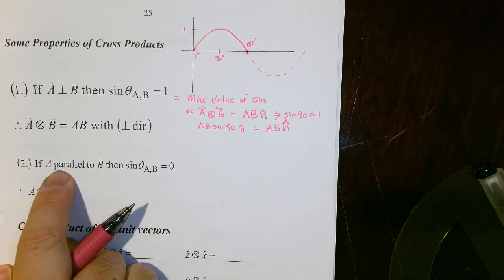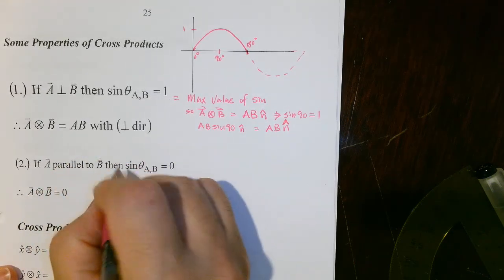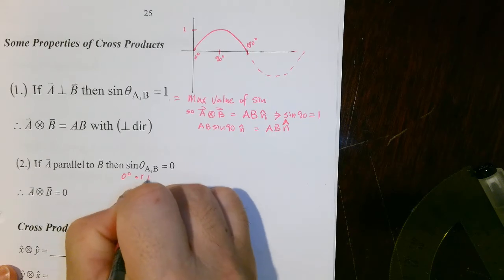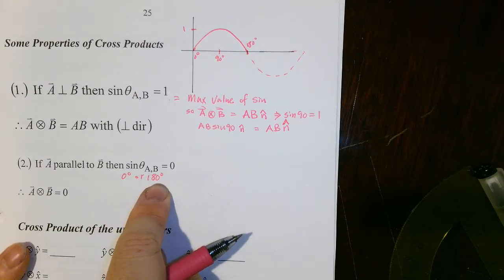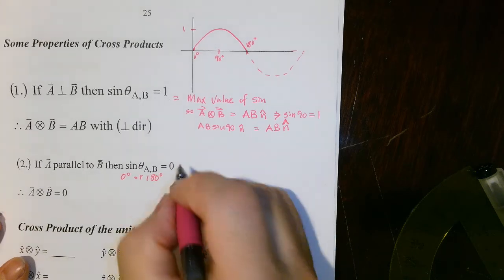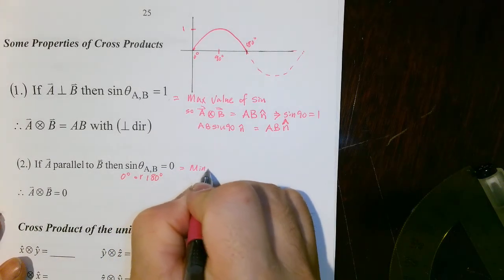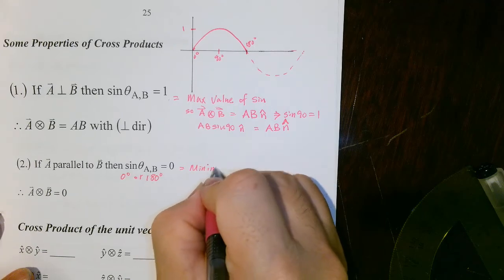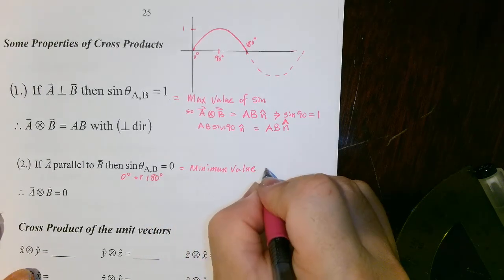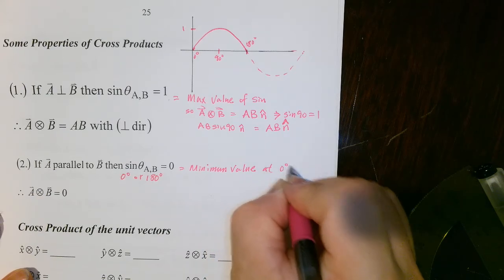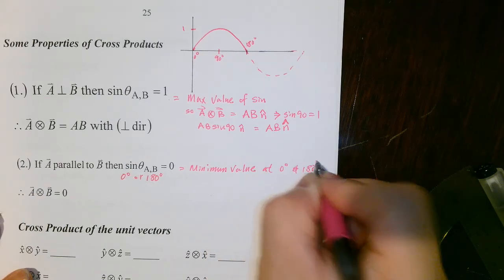When they're parallel or anti-parallel, right? So when they're 0 degrees or 180 degrees, sine of 0 or sine of 180 is 0. So you get the minimum value at 0 and 180 degrees.